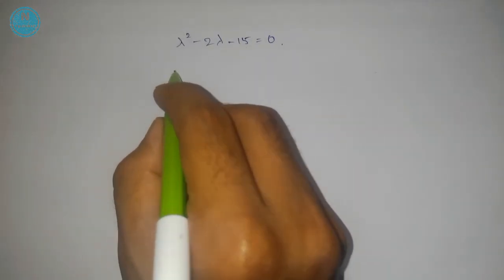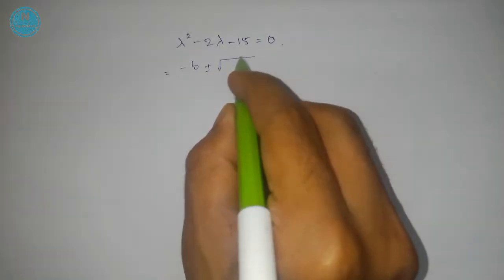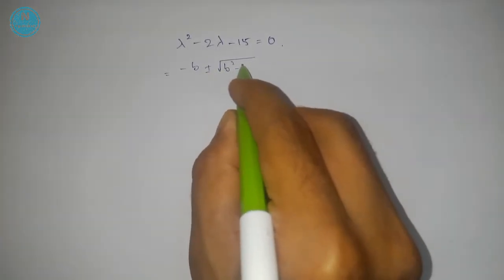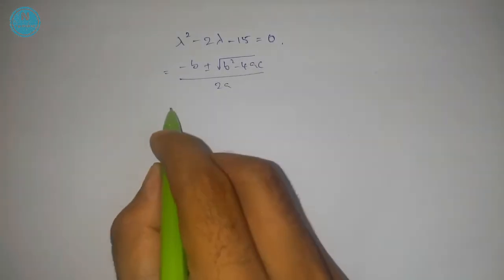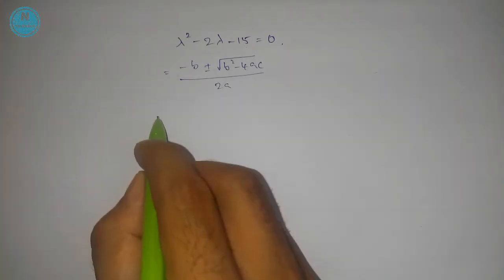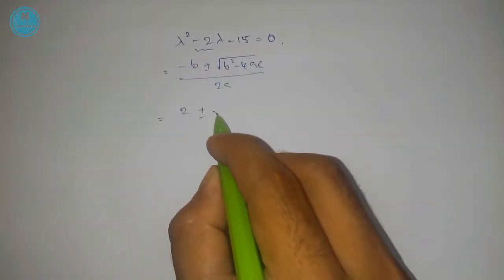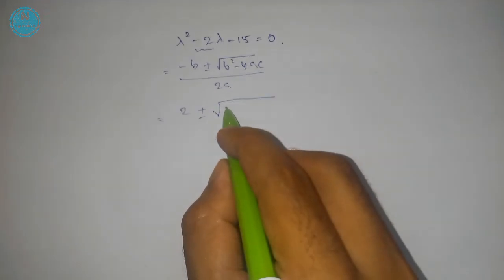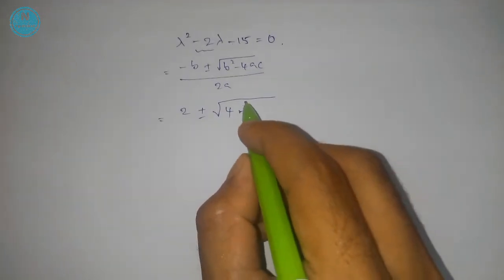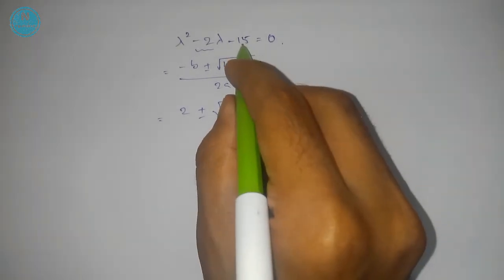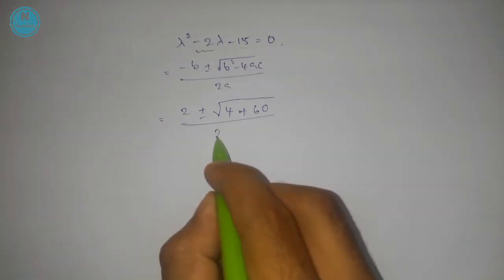We already know the formula for the roots: minus b plus or minus under root b square minus 4ac, by 2a. So minus b, the b value is minus 2, so that is 2, plus or minus under root 4 minus 4 into 1 into minus 15, that is 64, by 2 into 1, 2.